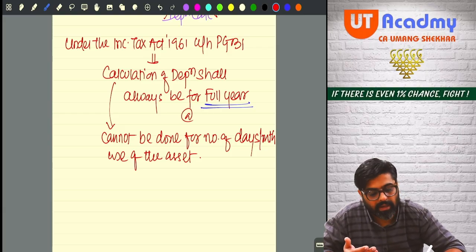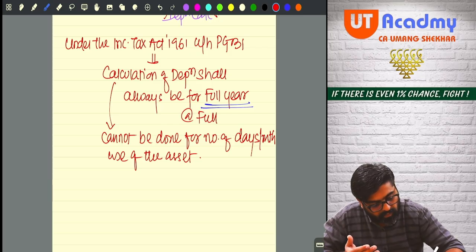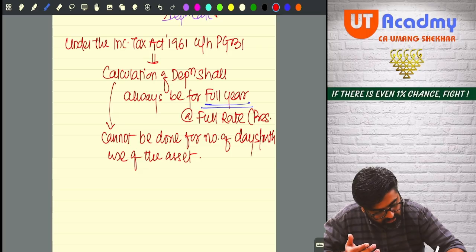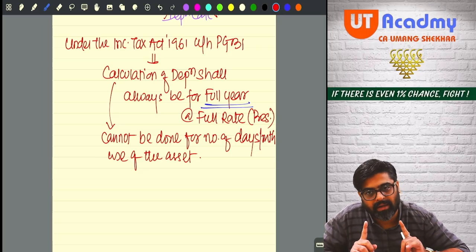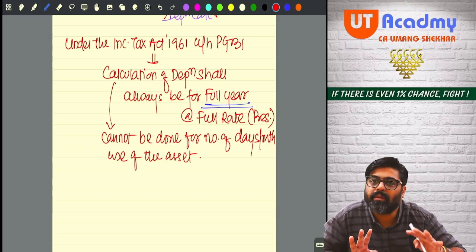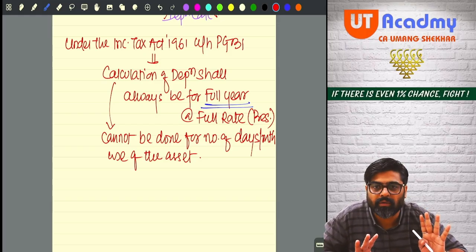Yes or no? At full rate which will be prescribed. So there are depreciation rates which are prescribed. So apply that rate, by applying that rate, and the method will also be told. Yes or no? You don't apply your mind.